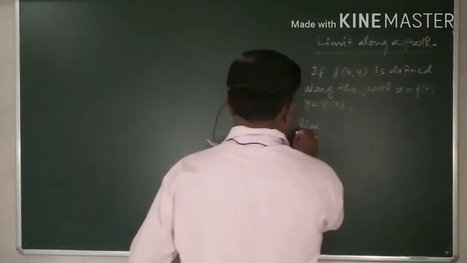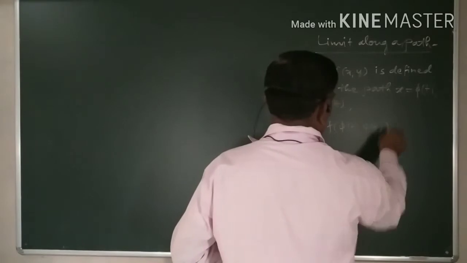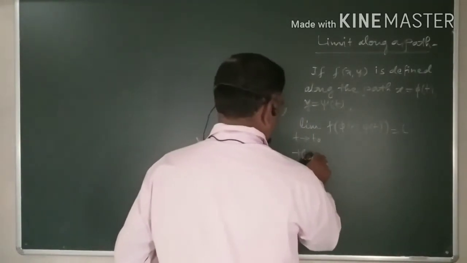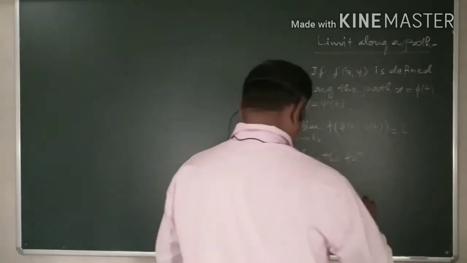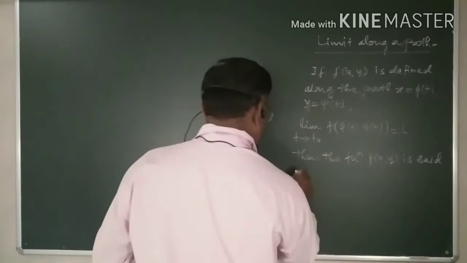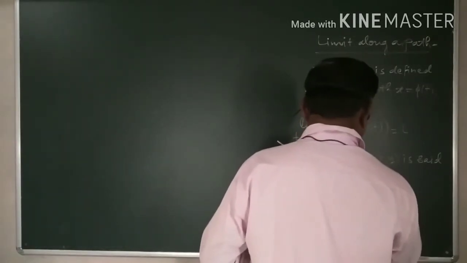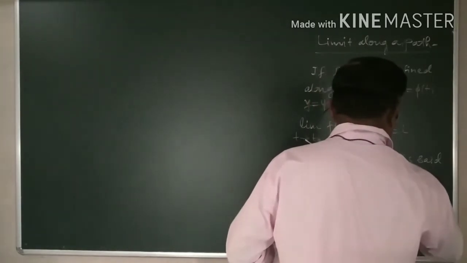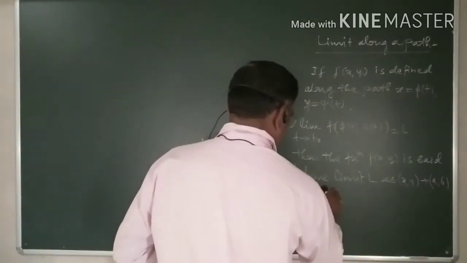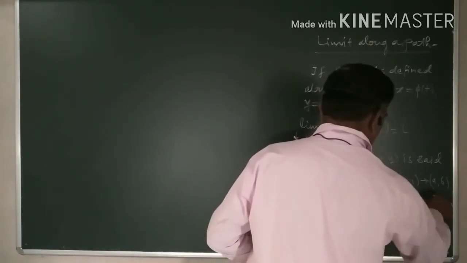and the limit as t tends to t naught of f(phi(t), psi(t)) is equal to L, then the function f(x, y) is said to have limit L as (x, y) tends to (a, b) along the path x = phi(t) and y = psi(t).